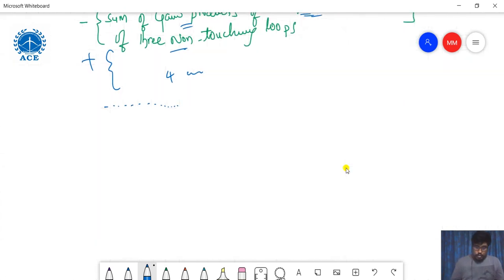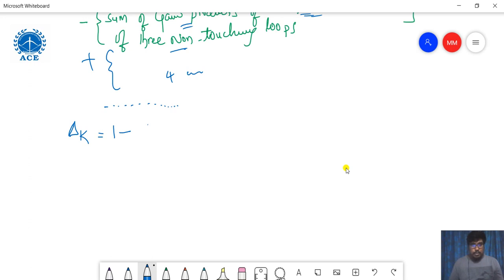Now in the formula we have again delta k. Delta k is nothing but 1 minus delta for that part of the graph which is not touching the kth forward path.